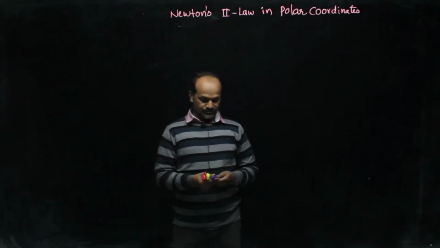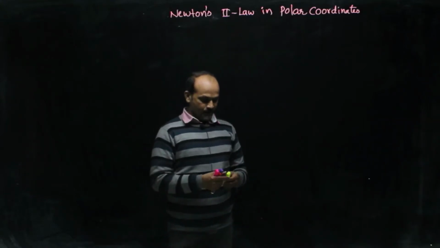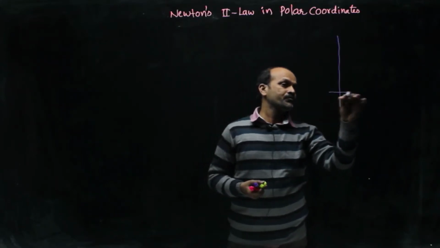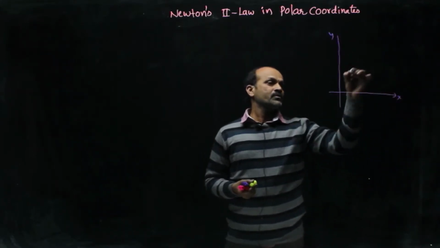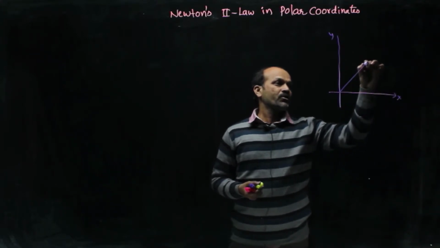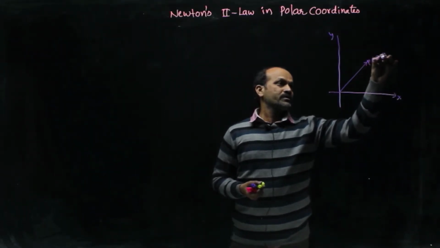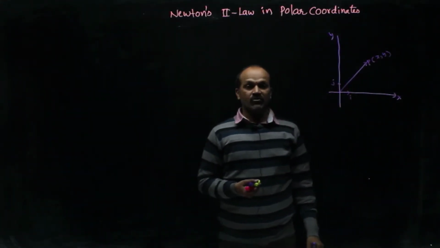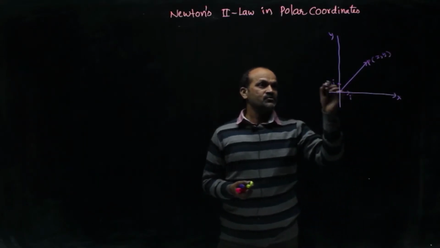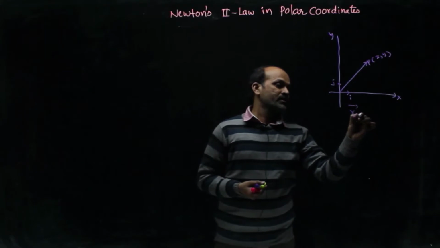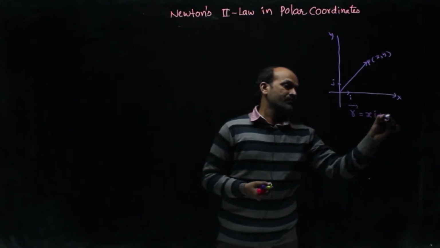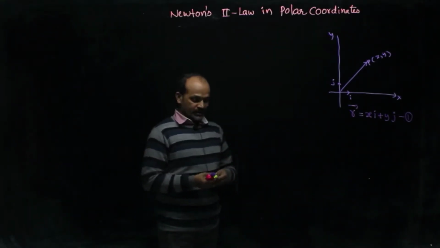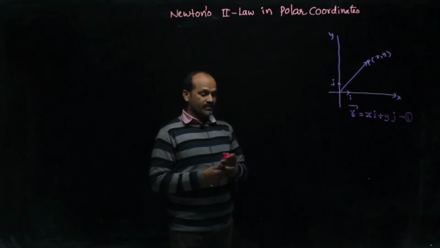Okay. So, in general, say the particle is travelling in a plane. If you take a particle at point P, the unit vector along the x axis is i and along the y axis is j. So here r bar can be written as xi plus yj. Now, for the same particle, let us take polar coordinates.